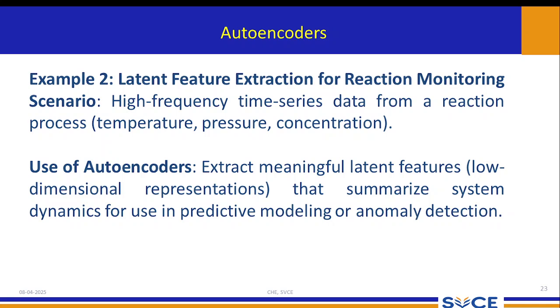So this scenario is something like this: high frequency time series data for a reaction process. So we need to collect a lot of data during this process. We need to collect the temperature and pressure. I would like to share my experience during my internship, where I was asked to collect the temperature every 5 minutes near the reactor.